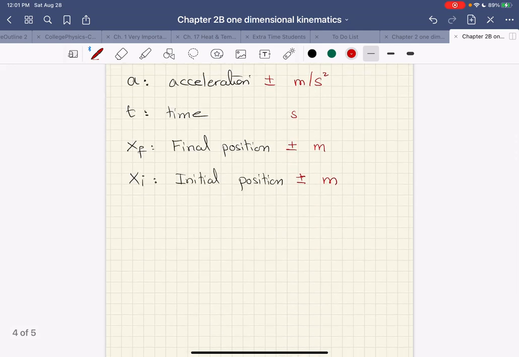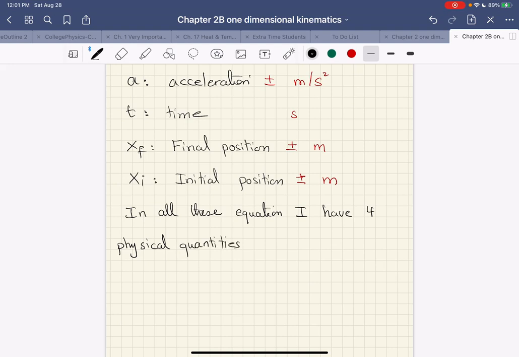Now in all these, I have 4 physical quantities. Okay, don't count xi.